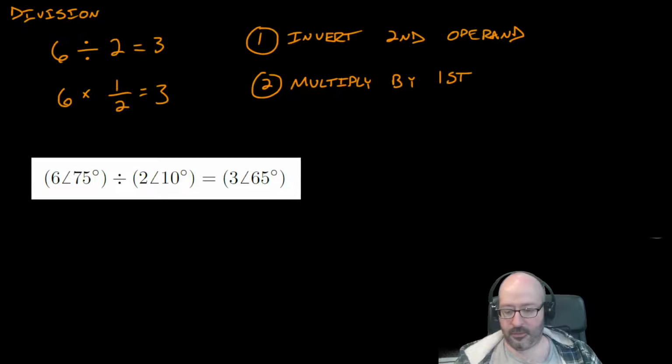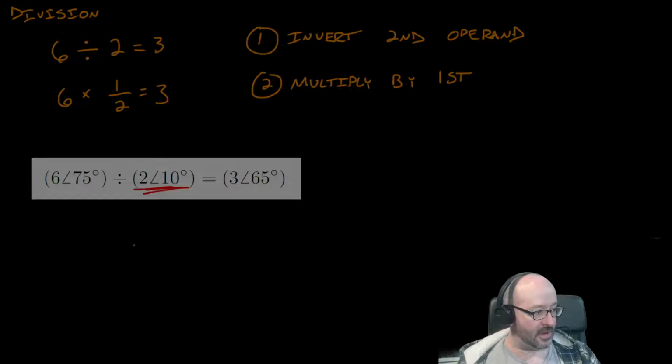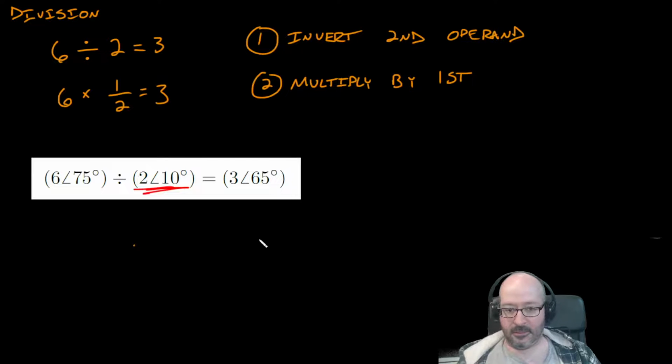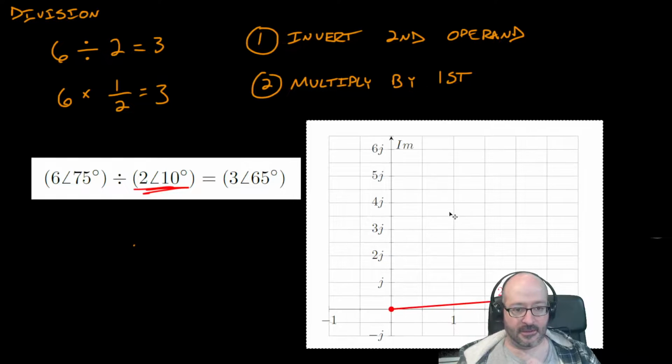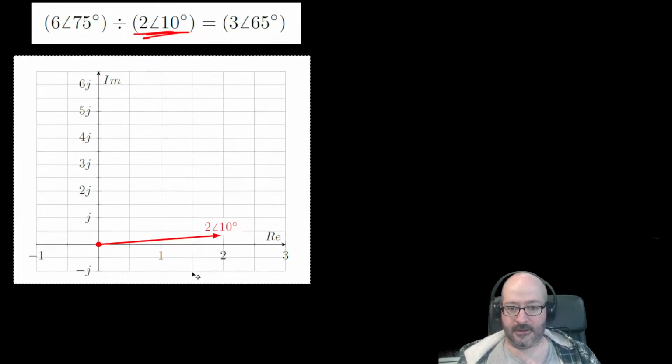Okay, so we take the second operand, and this one's going to be our red one. We take our second operand, 2 at an angle of 10, and that 2 at an angle of 10 is going to look something like this. I'll put it over here, and we negate it. Or no, I'm sorry, we invert it.